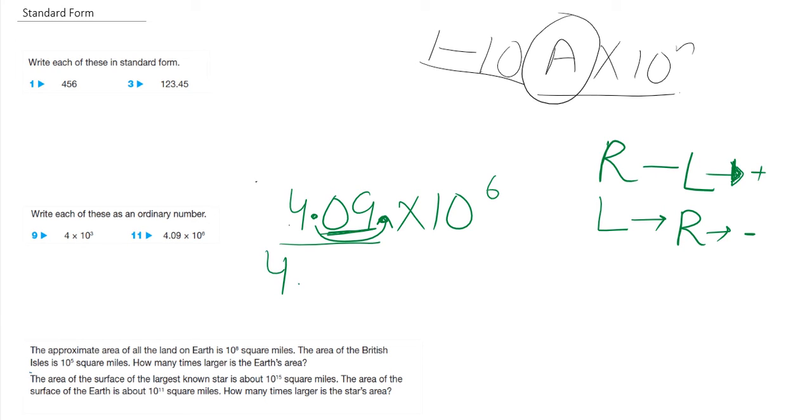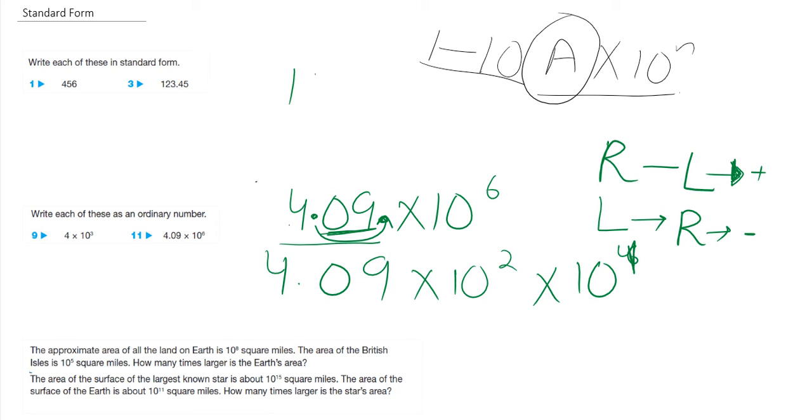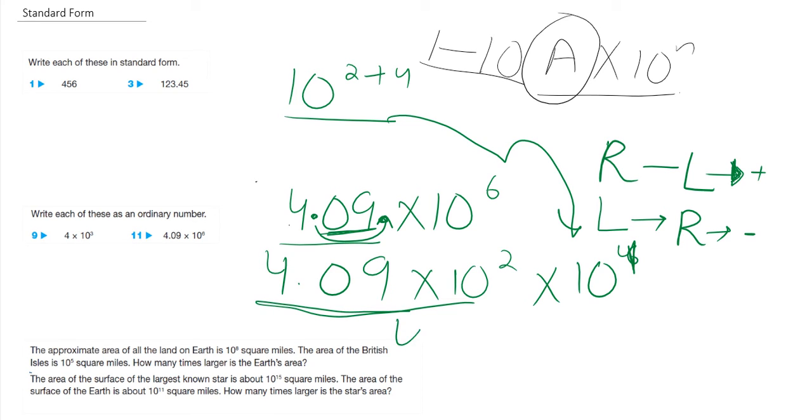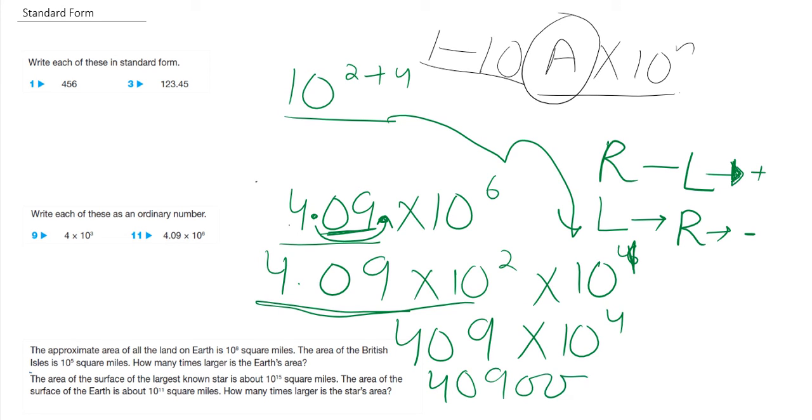Whenever the base is the same, you can add up the powers. Just split that power 6 into 2 so that you can multiply it with this and write it in this way. And again, we have this and this power, and now we are going to write it in this form. This is the ordinary number, or you may say the opposite of standard form.